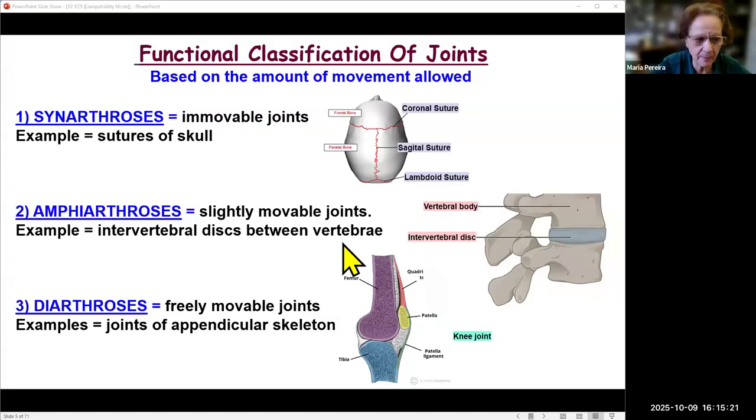Okay, so now we're talking about an amphiarthrosis, which is the intervertebral disc. And this is a very interesting articulation. You see that it's complex. It has a fibrous ring, and inside there's a nucleus that has water. And if there's pressure applied, then the water from this nucleus comes out so that the height of the intervertebral disc diminishes.